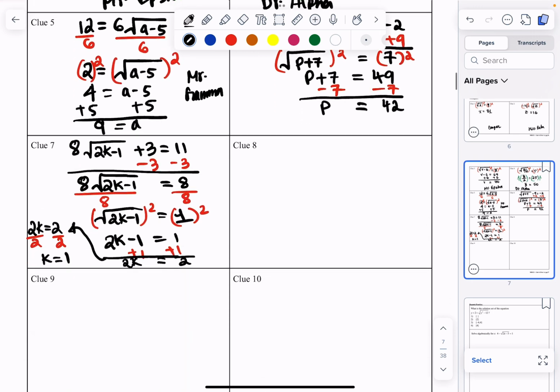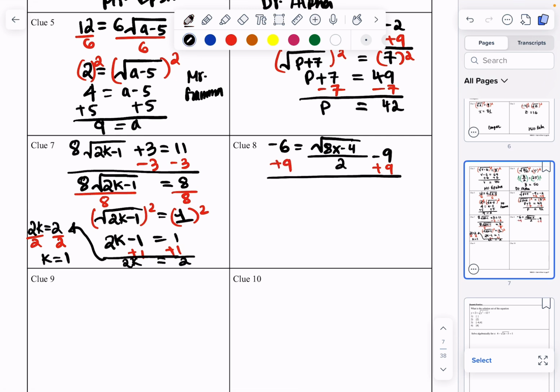Let's take a look at clue number 8. Clue number 8, we have a fraction situation again. Negative 6 is equal to radical 8x minus 4 over 2 minus 9. So let's see, we have to add the 9 first.